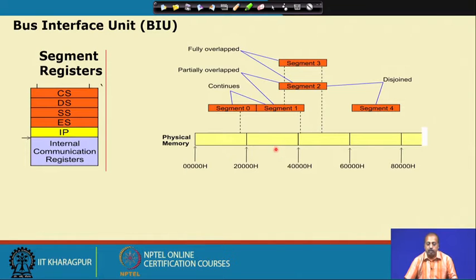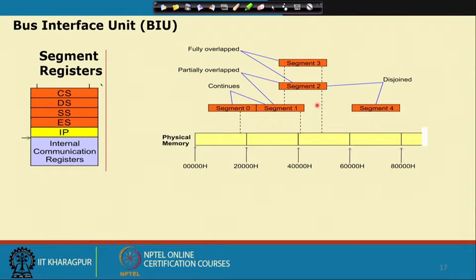Now, these segments may be continuous, disjoint or overlapping. This definition of a segment is with respect to the programmer. The programmer may define segments to be common, disjoint or overlapping, and this overlapping pattern can be controlled by the segment register values.